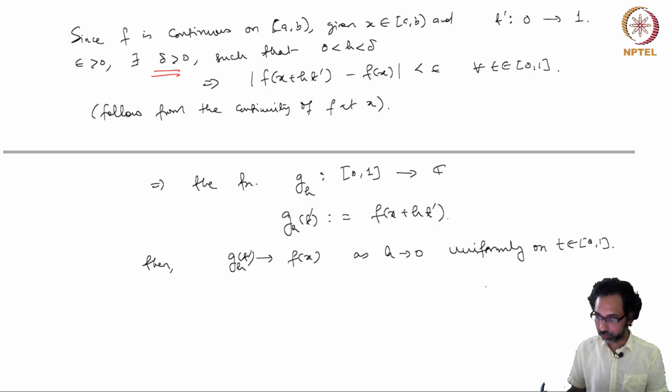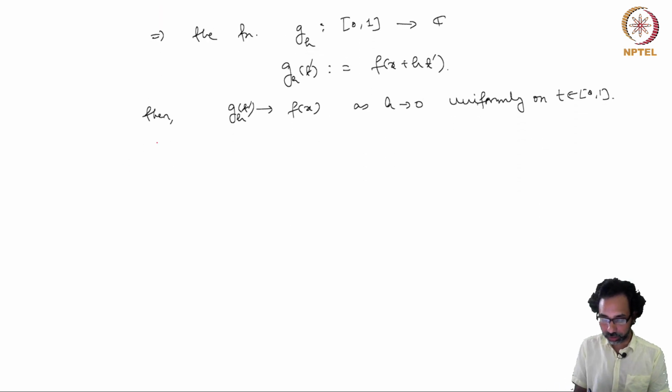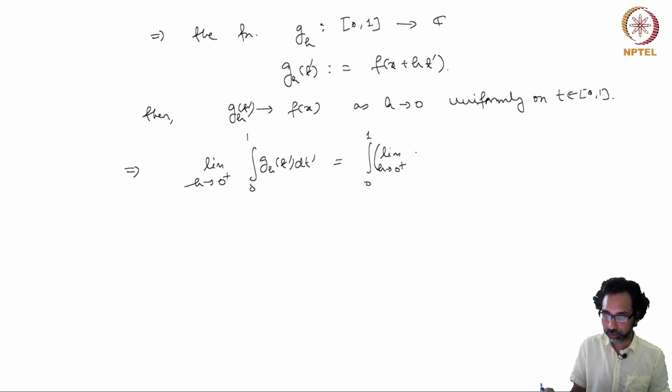So its convergence is uniform over t in [0,1], and so this implies that the limit as h tends to 0 plus of the integral from 0 to 1 of g_h(t') dt' is equal to the integral from 0 to 1 of the limit as h tends to 0 plus, passing the limit inside the integral now, dt', because it is a uniform convergence.